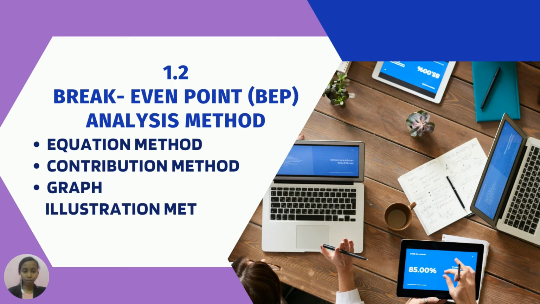Okay, before I proceed to equation method, I would like to explain what is break-even point. Break-even point can be defined as the level of operation at which a business's revenues and total costs are exactly equal, and the business will experience zero profit, which means there's no profit or no loss situation.